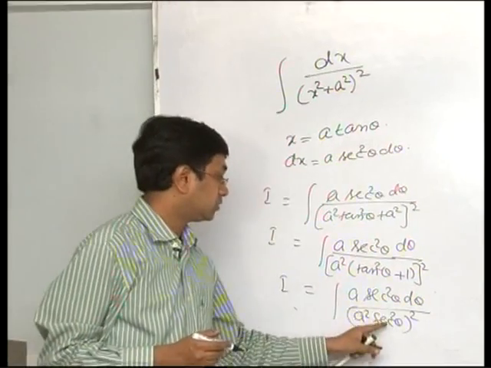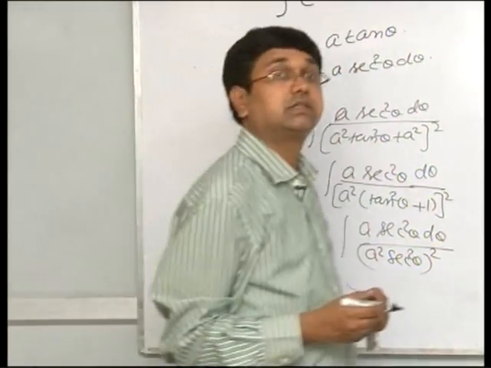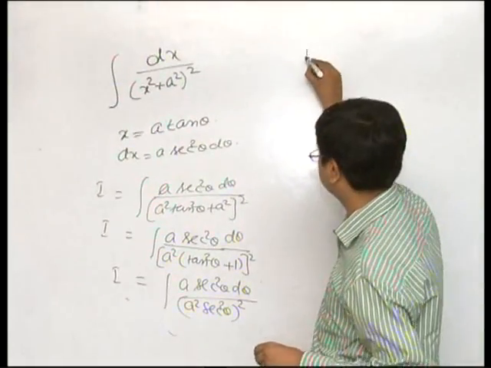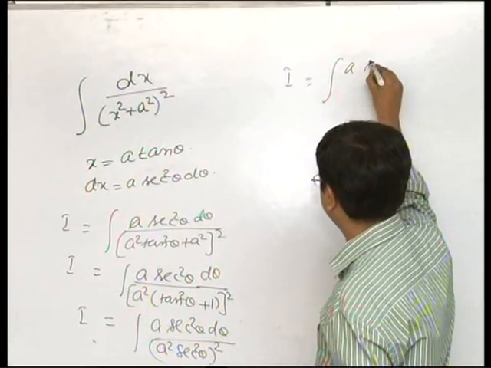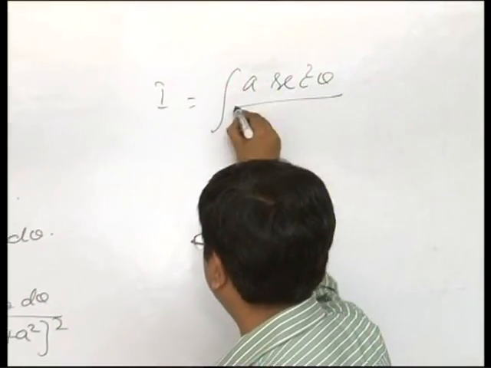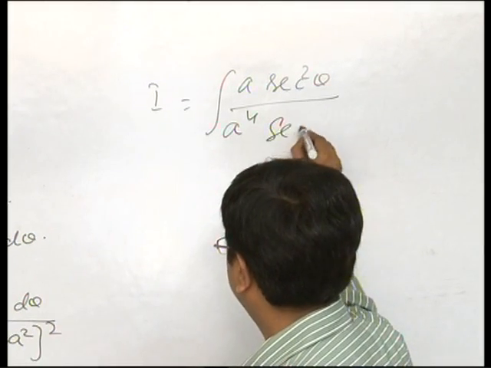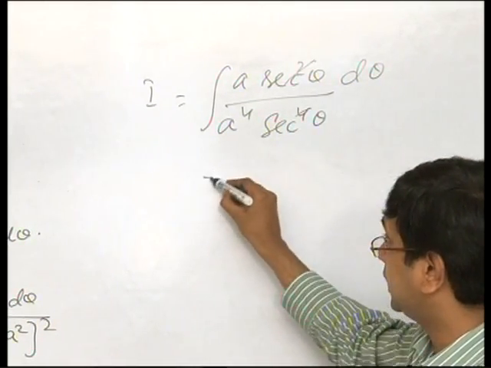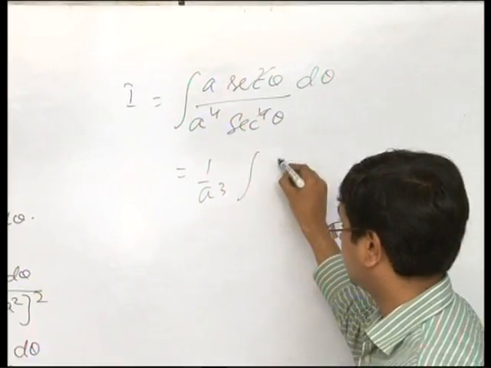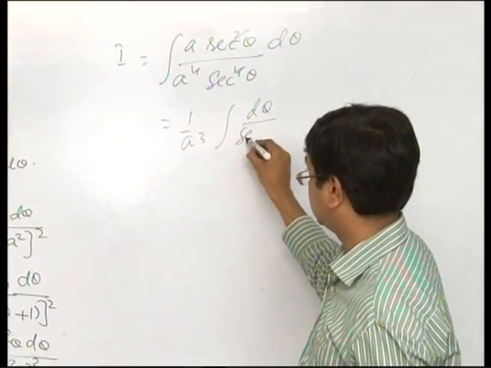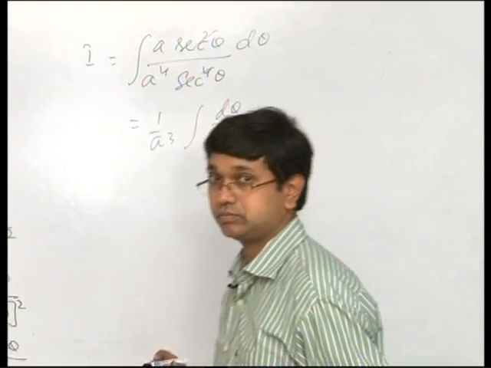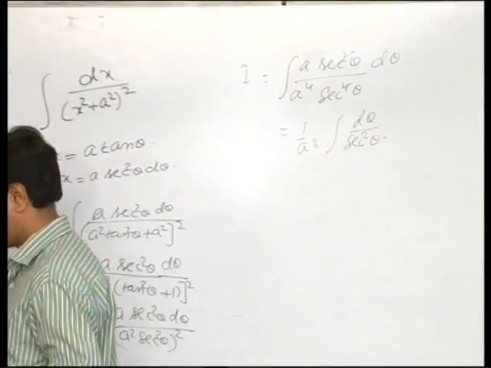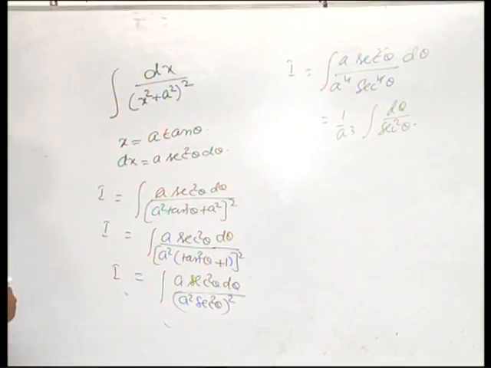So tan square theta plus 1 is sec square theta, a square as it is. So now this becomes very simple because sec square theta is there in the numerator, that can get cancelled with the denominator counterpart. So 1 sec square gets cancelled, a cube is out, we are just left with sec square theta d theta upon sec square theta.